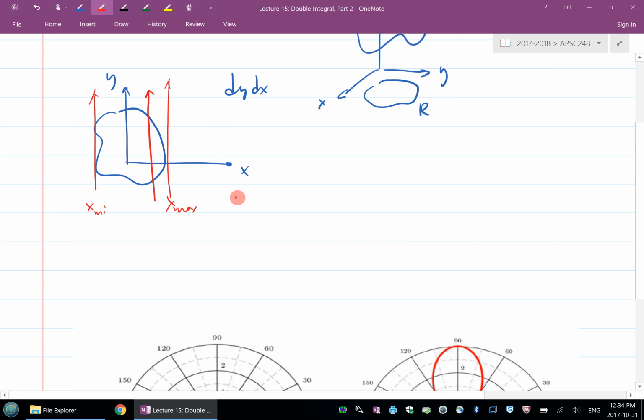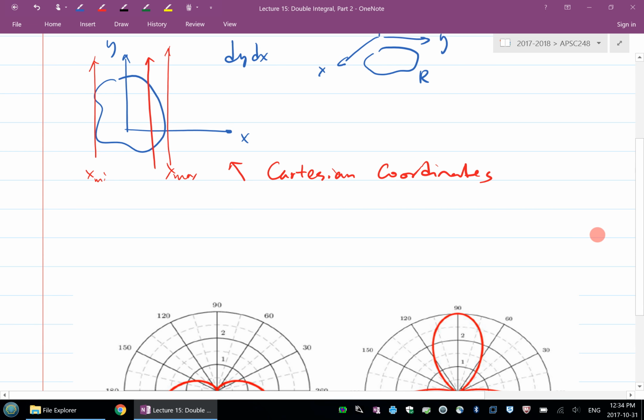So what this one here is doing, this is called Cartesian, right? This is Cartesian coordinates. It's x, y here in the xy plane. If that doesn't work very well, if it turns out to be very difficult integrals here, we can have an alternative solution, which is to use a different coordinate system, and this is a very common one.